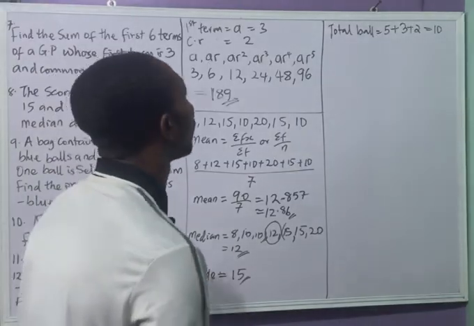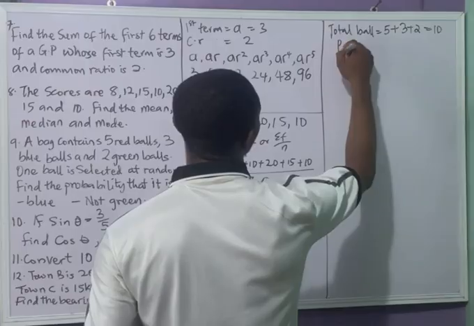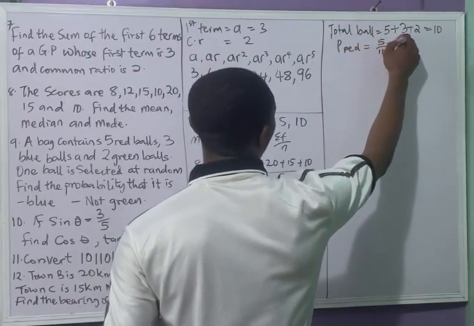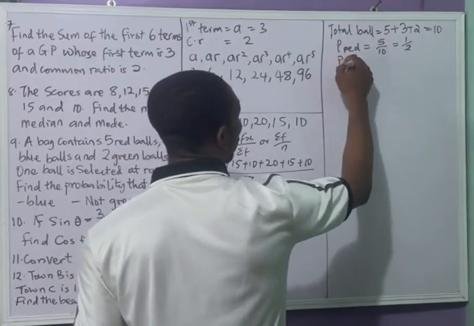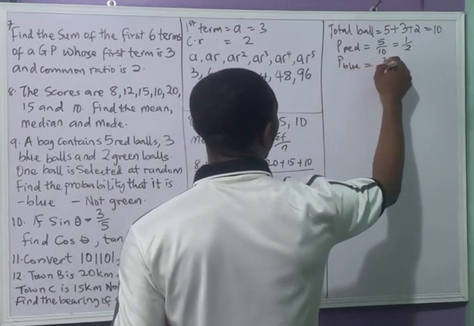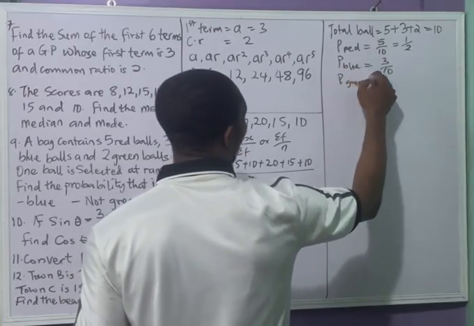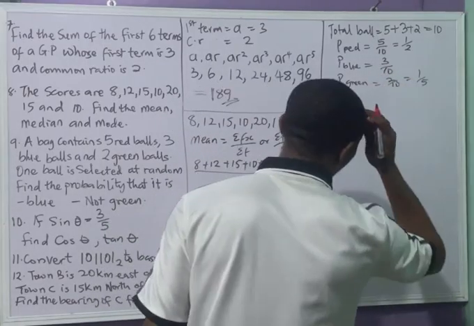So now let's look at the probability of picking a red. Probability of picking red will be 5 over 10, which is 1 over 2. Probability of picking blue is 3 over 10, and probability of picking green is 2 over 10, which is 1 over 5.